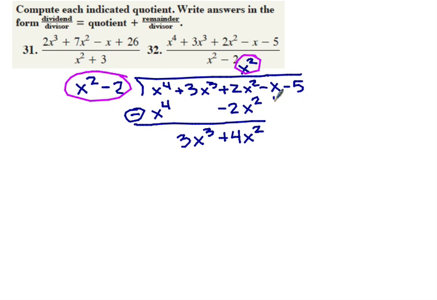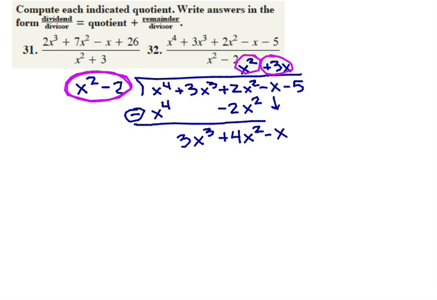And then we'll bring down that next term, which is this negative x. We'll repeat this step. So x squared times what gives me 3x cubed? 3x. So a positive 3x. We're going to take that 3x and multiply it by that divisor.